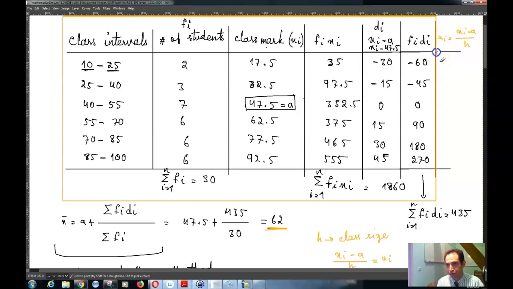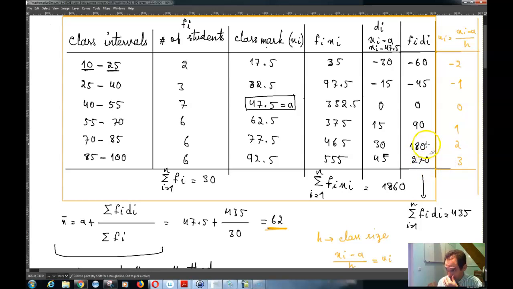Then I can write all of these numbers divided by h, and that would give me negative 2, negative 1, 0, 1, 2, and 3, right?